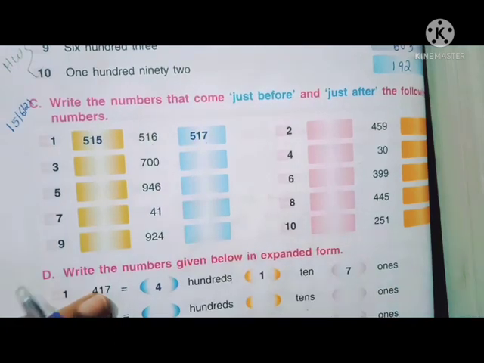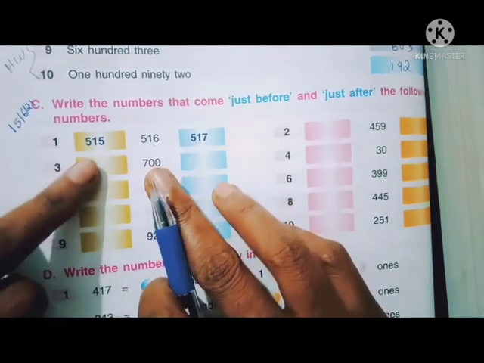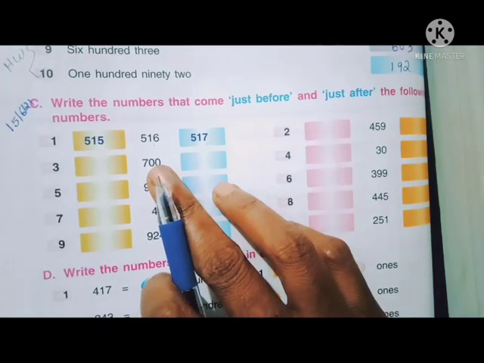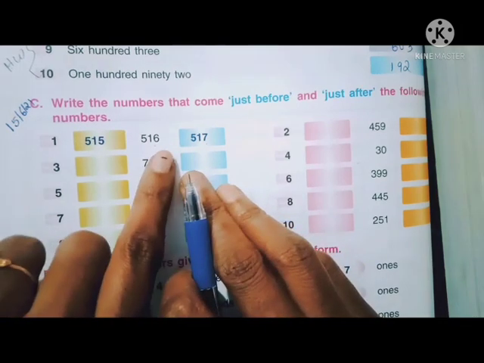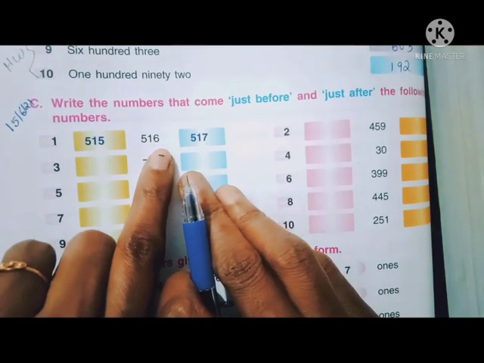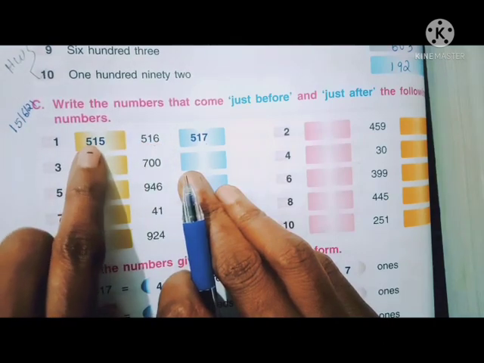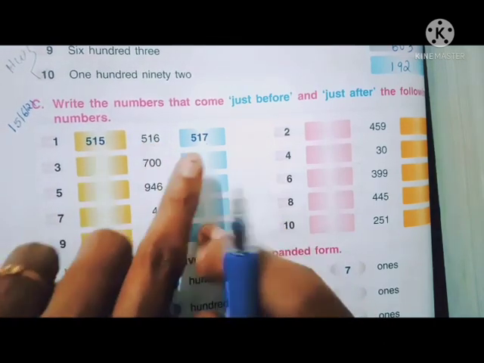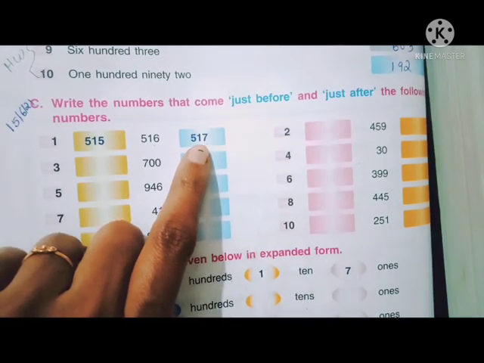What is the before number? Before number means we want to count backward. Before 16 we have 15, no? So before 516 we have 515. Then after 516 we have 517.